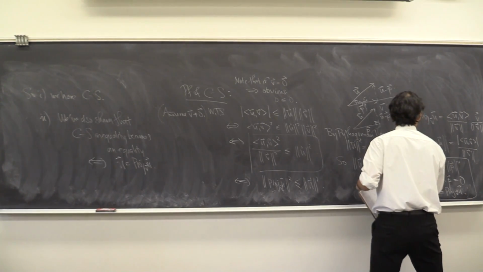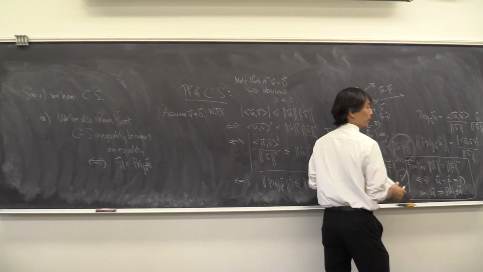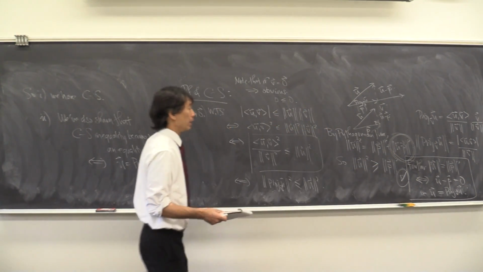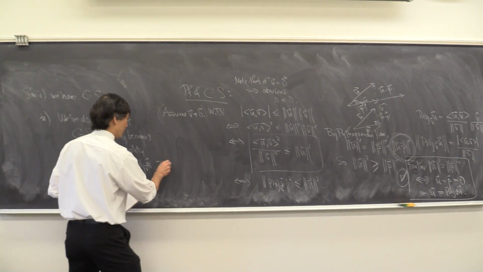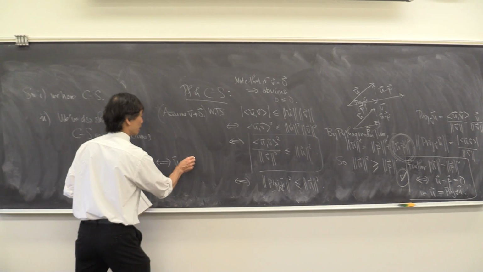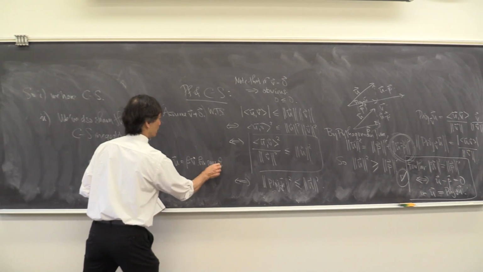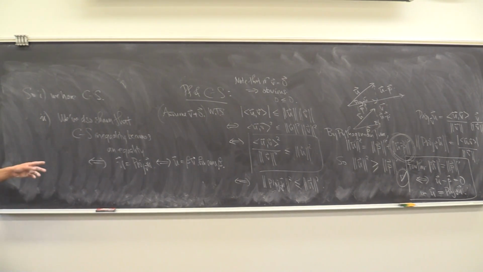We have an equality if and only if this term vanishes, but that would mean that u equals the projection of u onto v. But we had that lemma that said that happens if and only if u is some multiple of v. Okay, so that's actually the full Cauchy-Schwartz theorem.